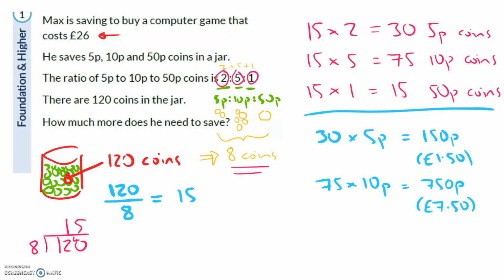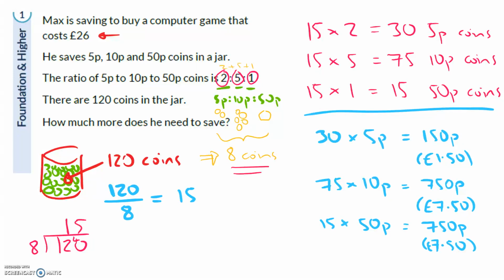Right, we've got 15 times 50p. 100 times 15 would be 1,500, so this must be half of that, 750. We could just halve the 15, say £7.50. Either way, I reckon we've got 750p again, or £7.50.